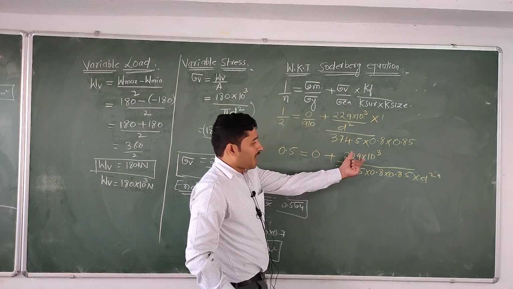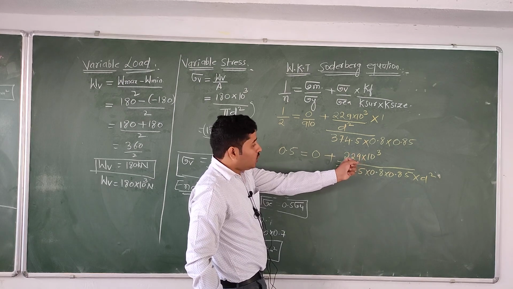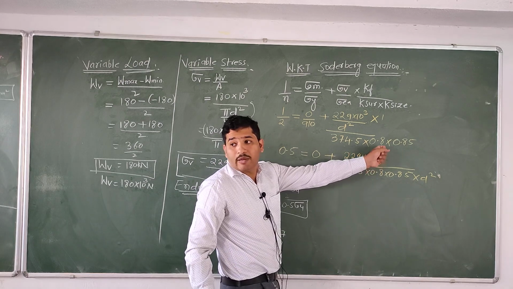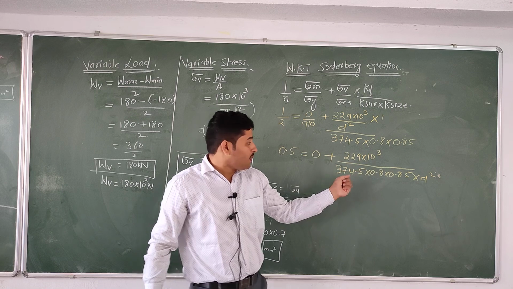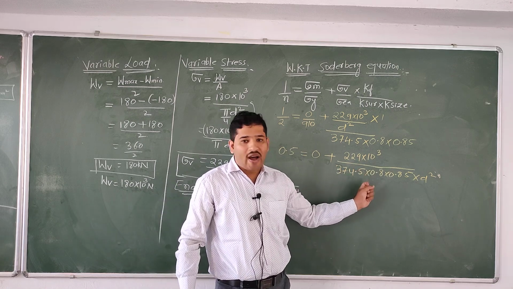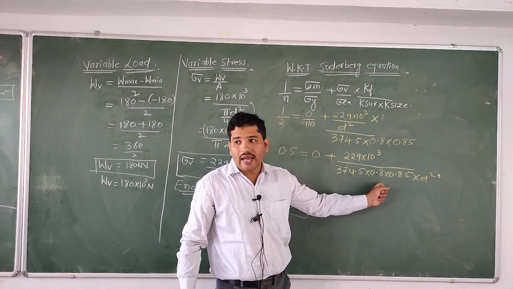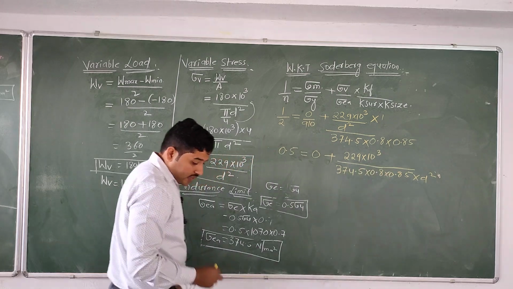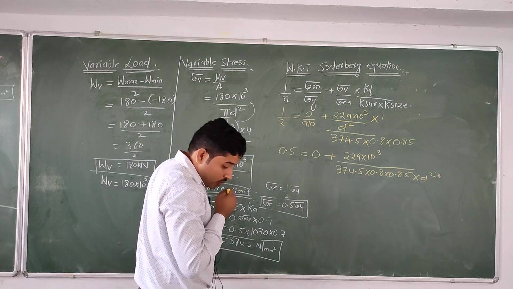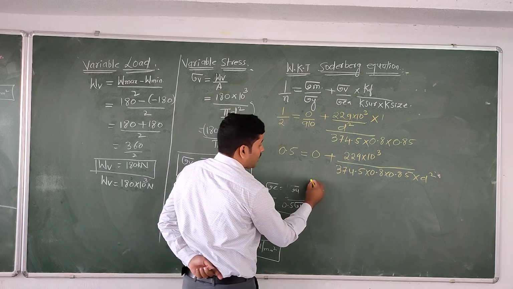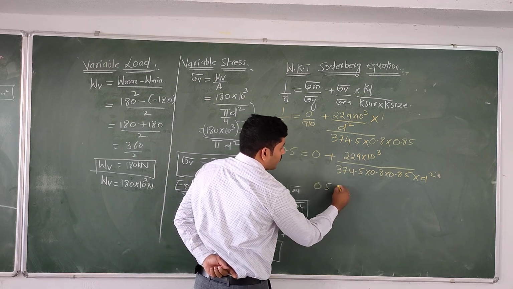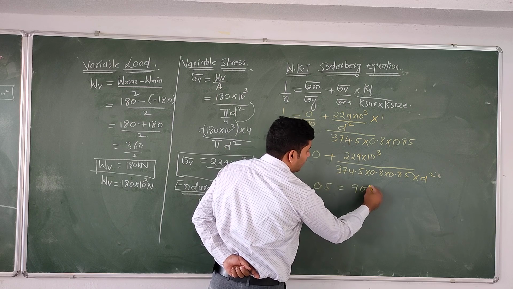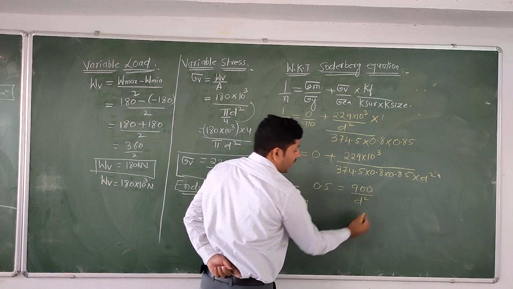If you calculate with the help of a calculator, 229 into 10 power of 3 divided by 374.5 into 0.8 into 0.85, then you will get the value 900. Okay, 0.5 equal to 900 by d square.